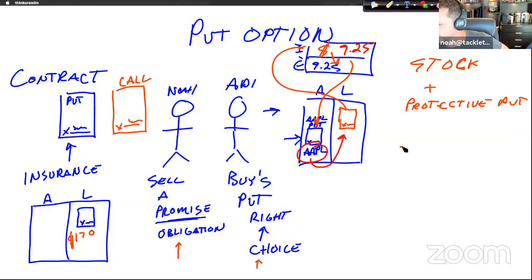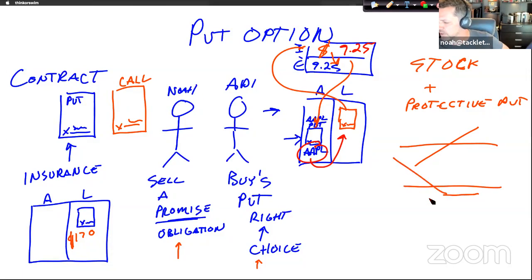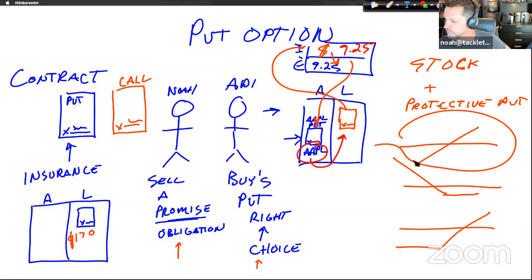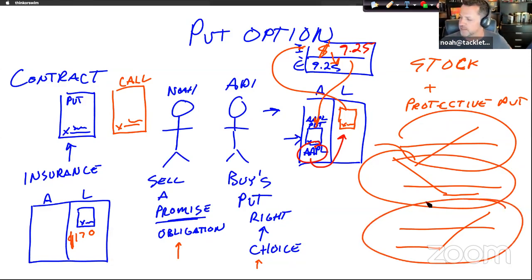So his risk graph for the stock looks just like this. And when he buys the protective put, he gets a put option, which has a little risk graph that looks like this. It has an expense, and then he's covered to the downside. If you add those two together, you wind up with a risk graph that has a bottom, and it goes like that. Let me separate those out. Stock, put, that is a protective put when you own both.